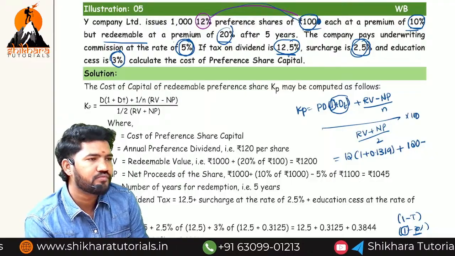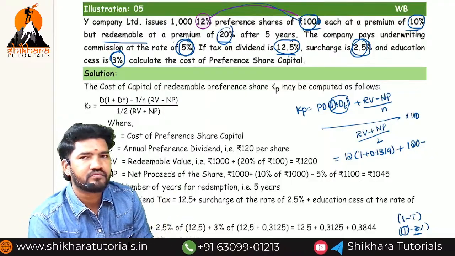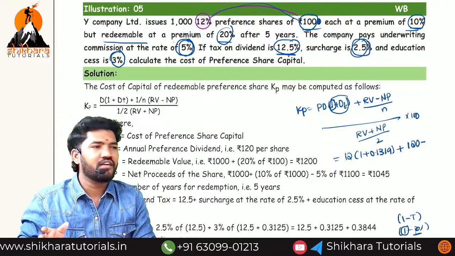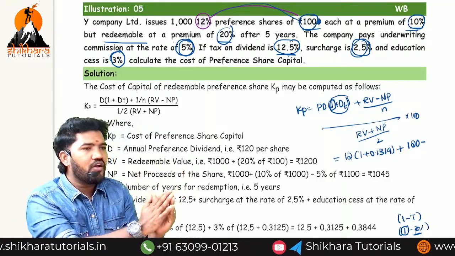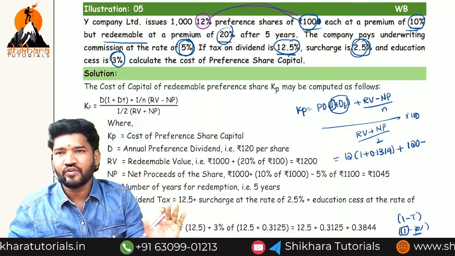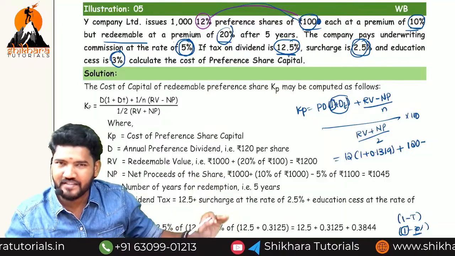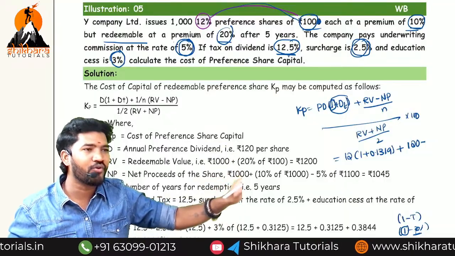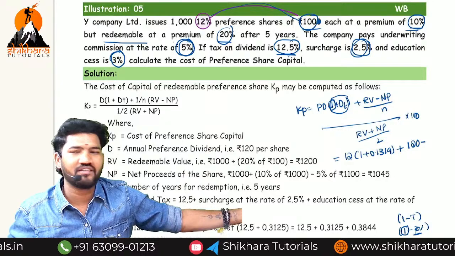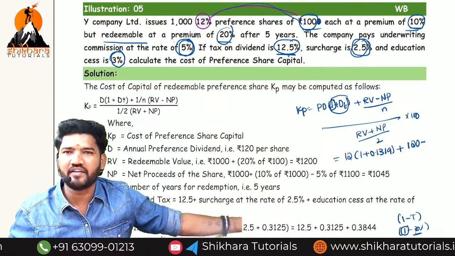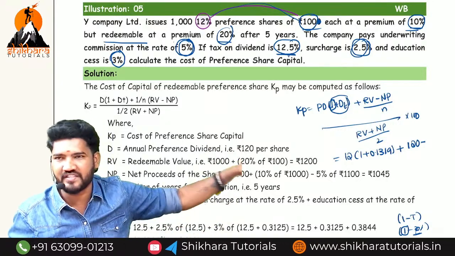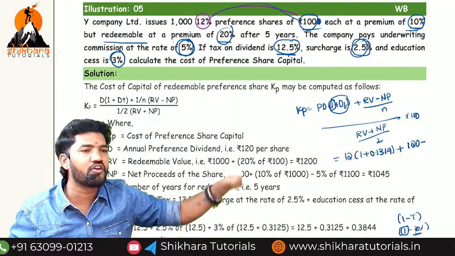On which value? 110. Don't confuse. Generally, conceptual knowledge says face value. But for this problem, if they ask this question in the exam, you have to calculate like this only. That's why I said you have to put a note point for this.